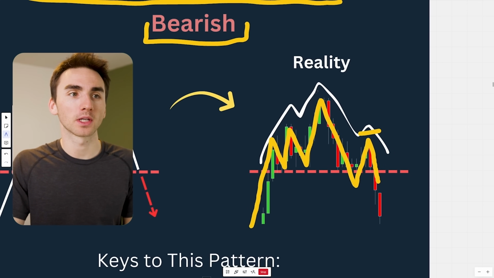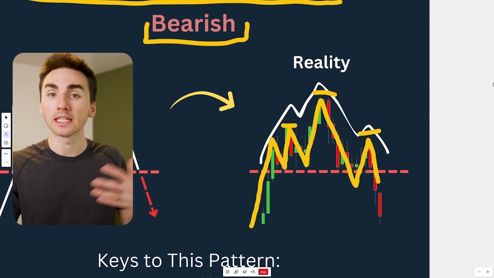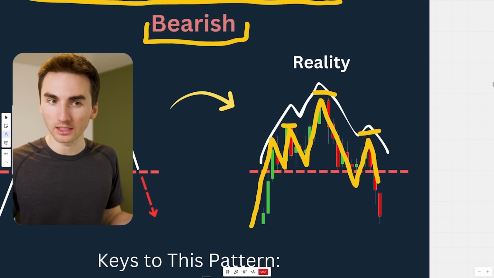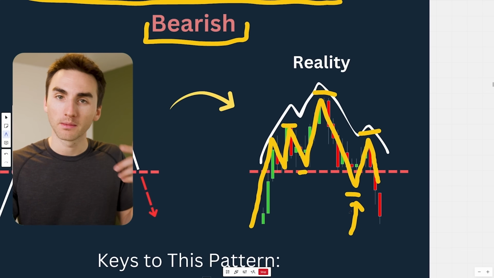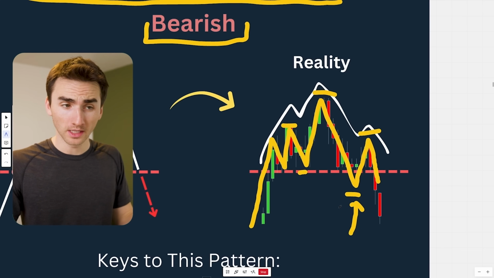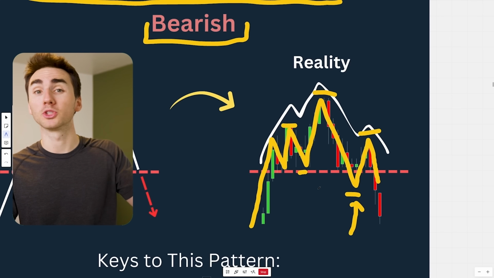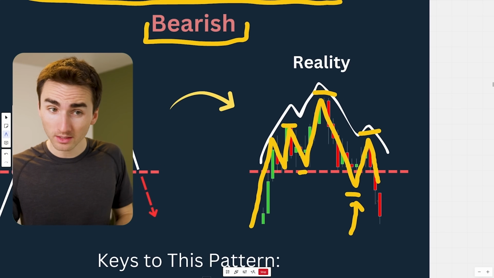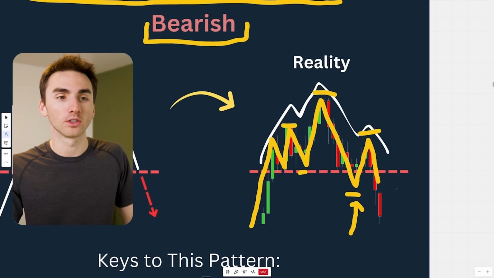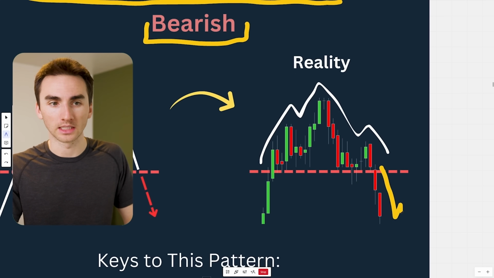And so the main thing is you're looking at these 3 swing highs here, how they relate to each other, and then you can also look at these lows, and this being a lower low right here I actually think makes the pattern even stronger because it's already showing you that it's shifting into a lower low, lower high downtrend, which then is a good signal for this breaking lower here.